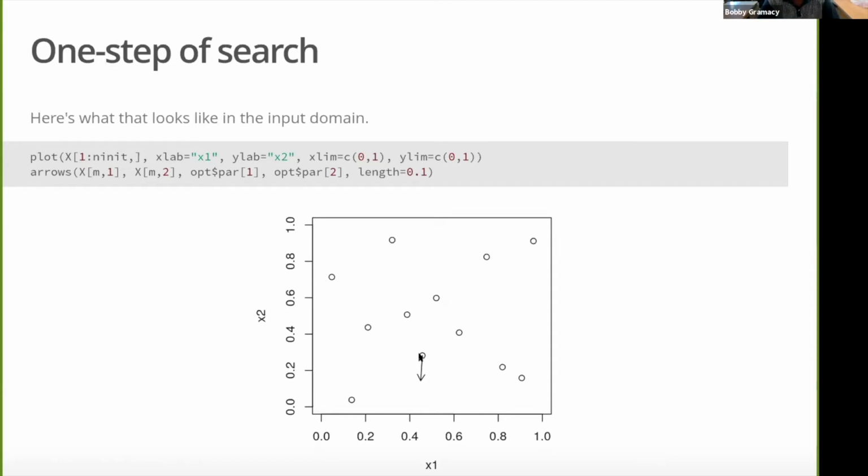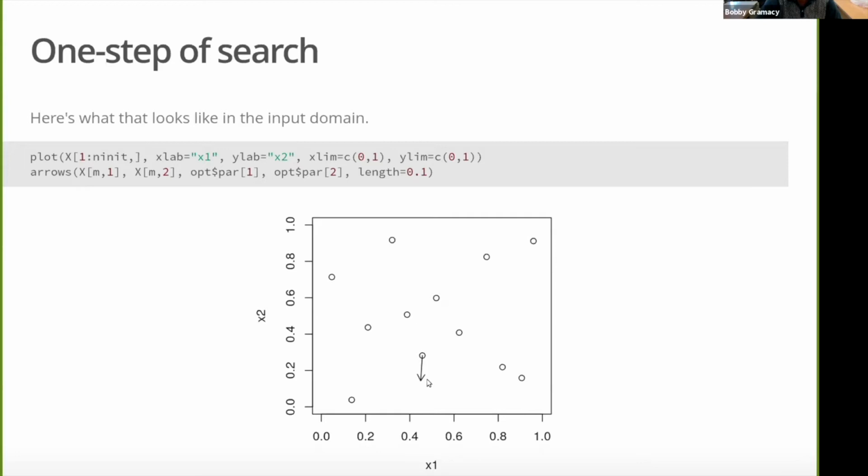I ran an optimizer of the statistical model starting at that location and asked it, where does the statistical model think the function is minimized? It thinks it's minimized there. That may not be where the function is actually minimized because the statistical model might be wrong. In fact, it's almost surely wrong, but it might yield something that's better than what I had before.